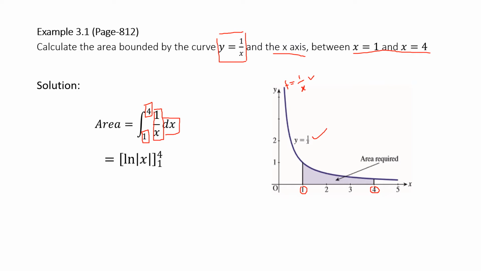From the table of integrals, we plug in the values. Since 1 and 4 are already positive, we don't need the absolute value bars.